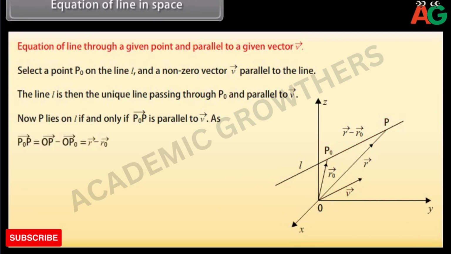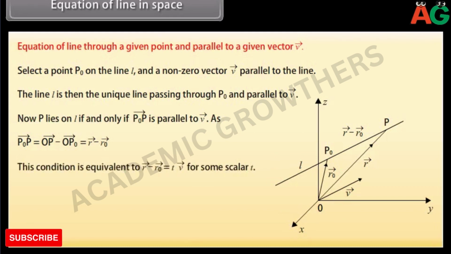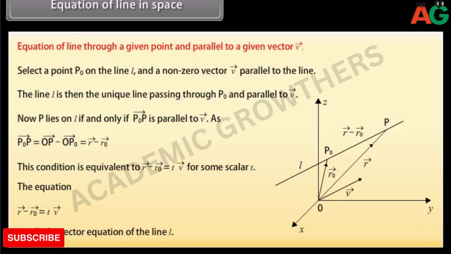As vector P0P is equal to vector OP minus vector OP0, which equals vector r minus vector r0, this condition is equivalent to vector r minus vector r0 equals t vector v for some scalar t. The equation vector r minus vector r0 equals t vector v is called a vector equation of the line L.